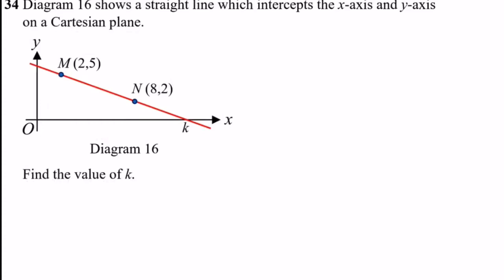So let's find the gradient for M to N, and for the point k, we can write it as k, 0, because the point lies on the y-axis. So we can label it like this, k comma 0, or maybe you can assign a point P, so that we can write down the gradient for the 3 points.